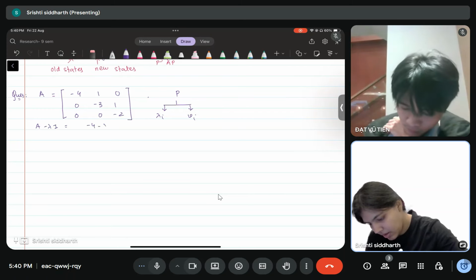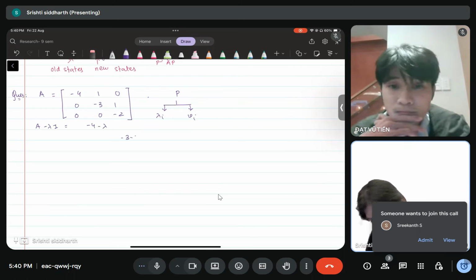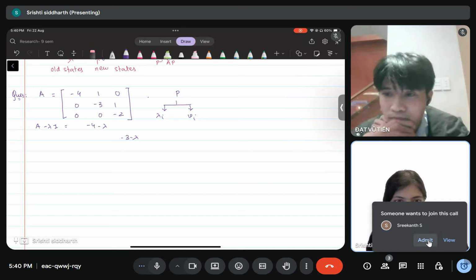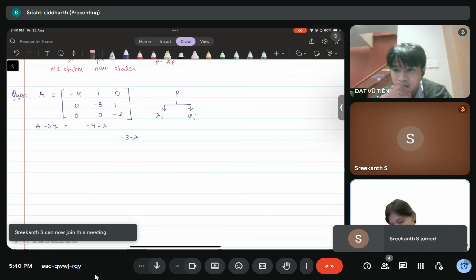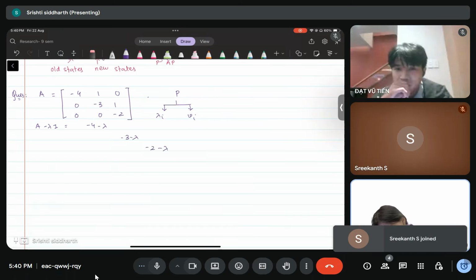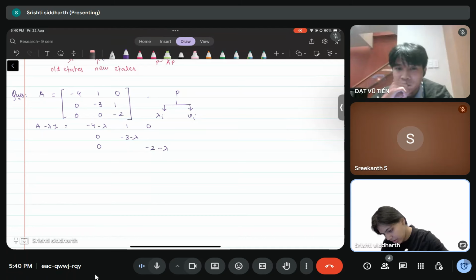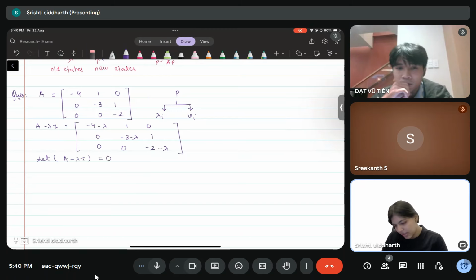That is simply minus lambda on the diagonals. The rest of the entries remain the same. So this is, and the eigenvalues are just the roots of this characteristic equation. So let's see. You can just expand along this column.